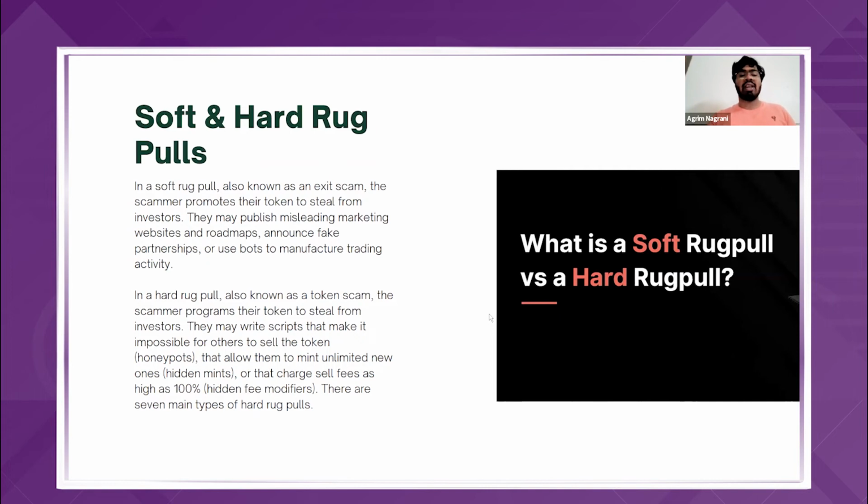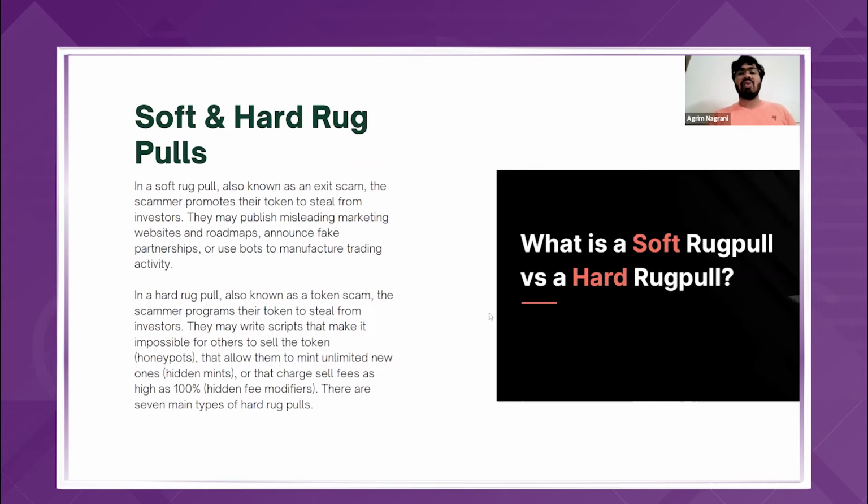Then there are hard rug pulls, also known as token scams. In this, the scammer programs the token to steal from investors. Whenever you do a whitelist sale, buying in a pre-sale, seed round, or whitelist round, you buy that token, but it gets locked in your wallet.